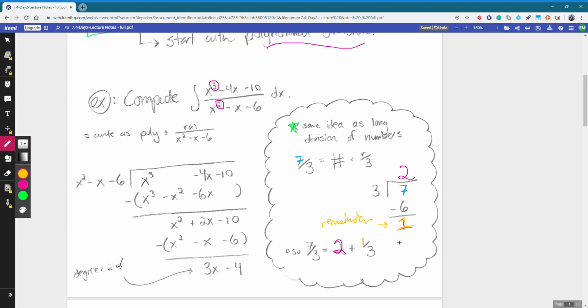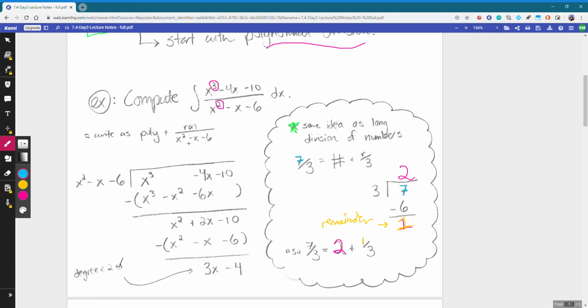All right, and what I claim is we do the exact same thing with our polynomial division. All right, so here we have a fraction, and again, what we'd like to write it as is just some nice polynomial plus a fraction, right? Where this fraction is going to have some numerator, but this numerator's degree is going to be less than, in this case, 2.